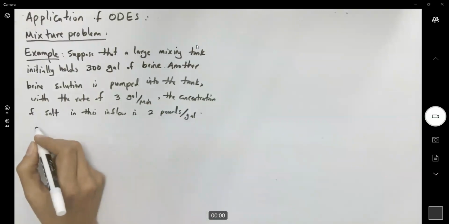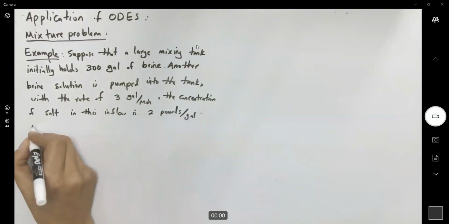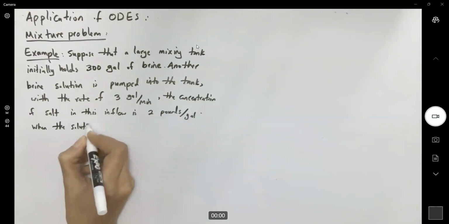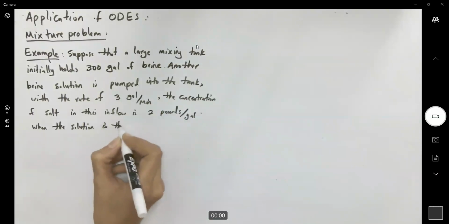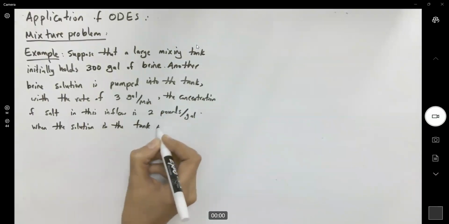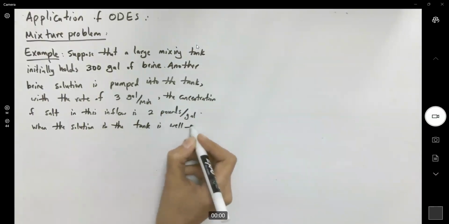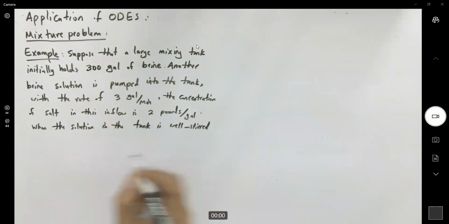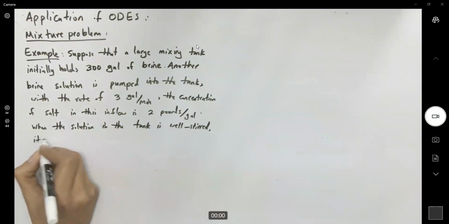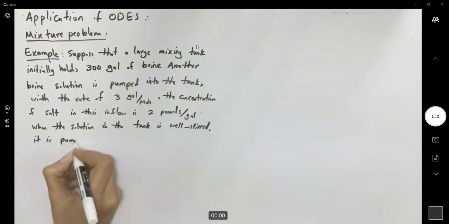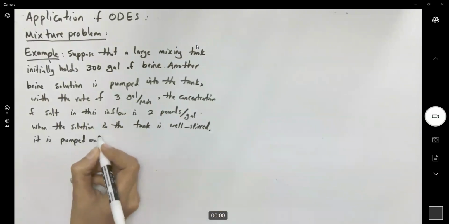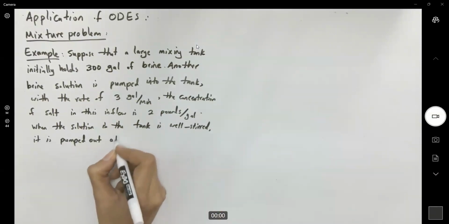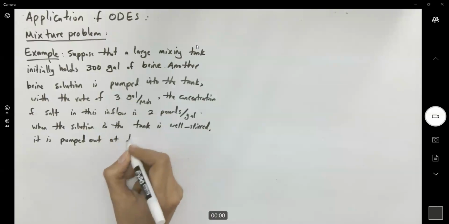When the solution in the tank is well stirred, it's pumped out at the same rate as it was entering.